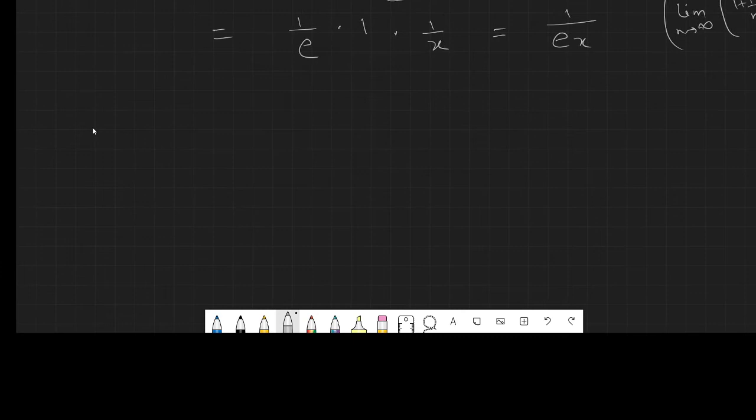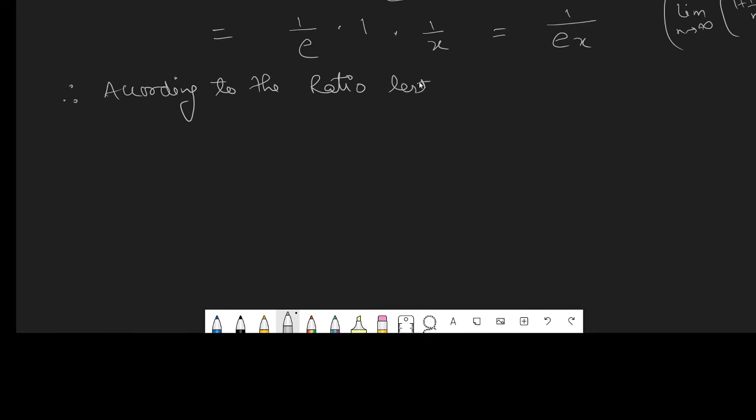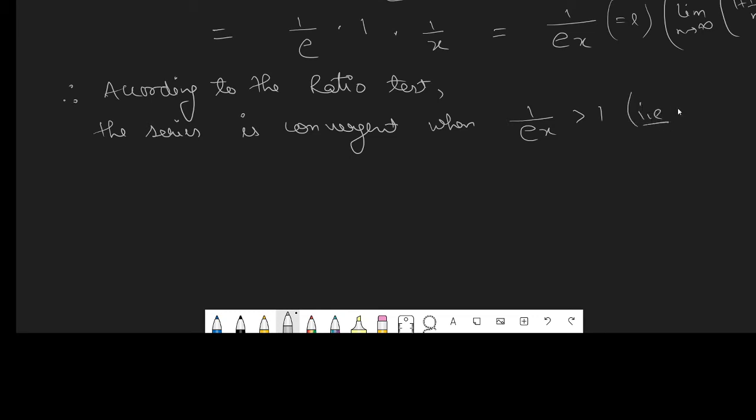Now according to D'Alembert's ratio test, the series is convergent when L is greater than 1, that is 1 by ex is greater than 1, or we can say that ex is less than 1.